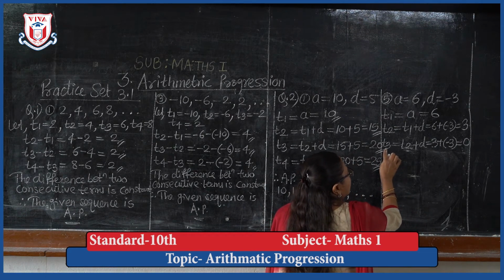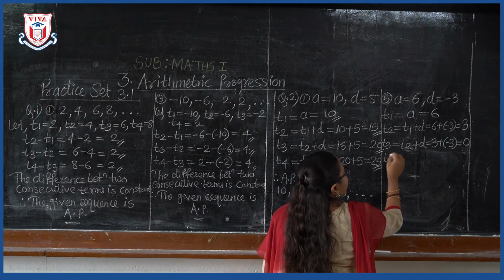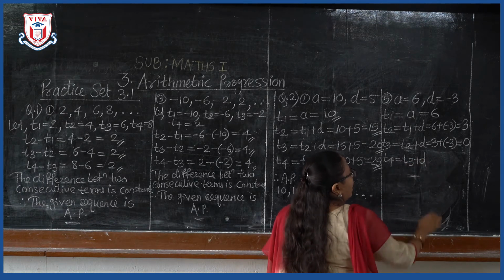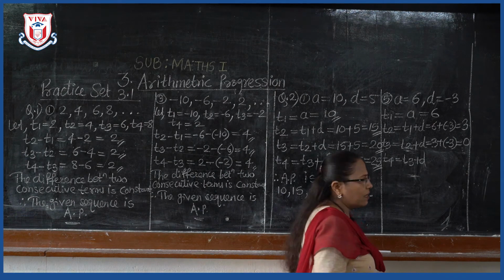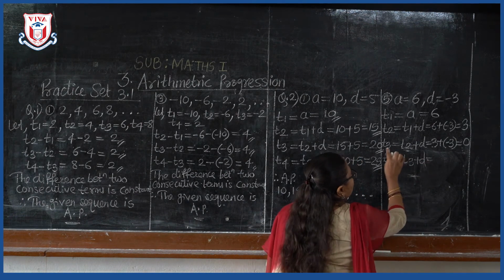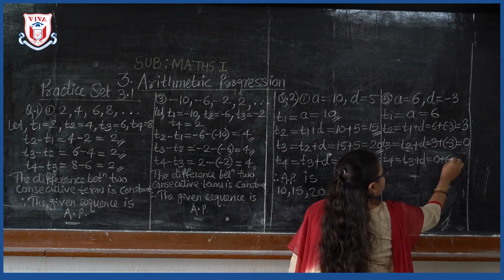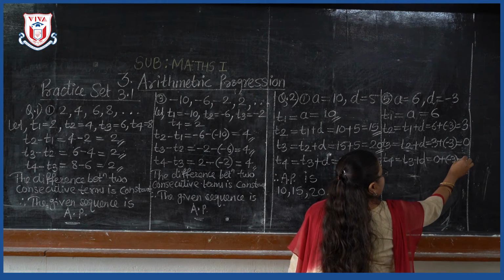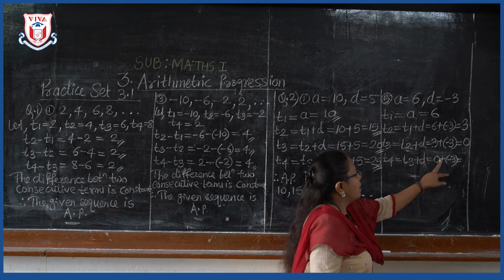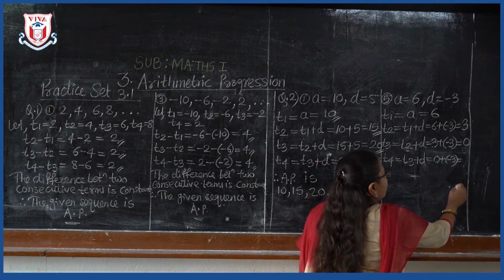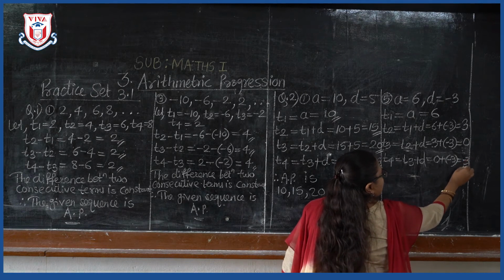So third term is 0. Now T4. Previous term is T3, plus we have to add common difference D. So third term we got 0 plus common difference minus 3. Plus into minus, minus. 0 minus 3 we will get minus 3.